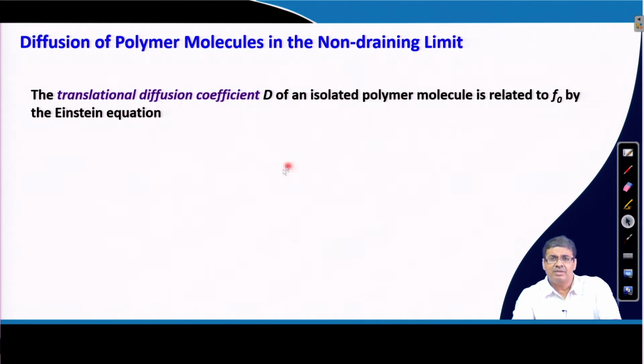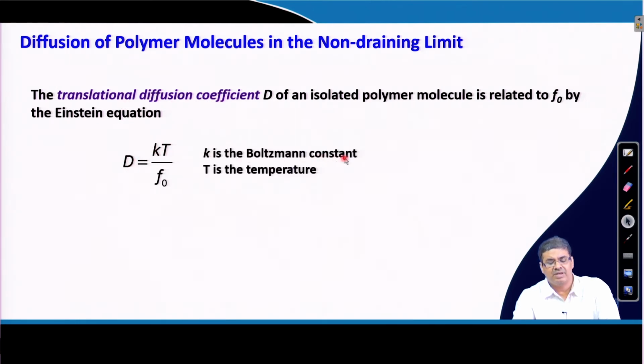Now, we talked about this hydrodynamic particle of a polymer chain. The translational diffusion coefficient of this isolated polymer chain is related to the frictional coefficient by the Einstein equation like this, where this is the translational diffusion coefficient, k is the Boltzmann constant, T is the temperature, and f naught is the frictional coefficient.